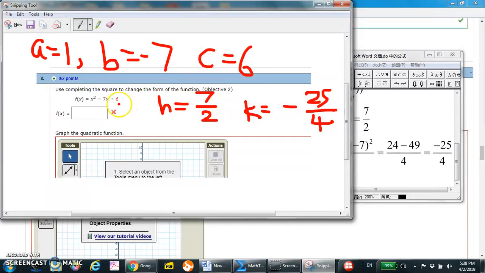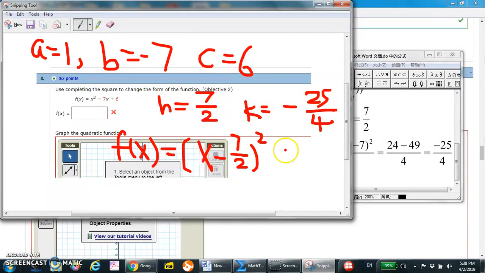So when we convert the equation into standard form, f(x) is going to be equal to a, which is 1, times x minus h, minus 7 over 2 squared, and plus k, so plus negative 25 over 4, so minus 25 over 4.